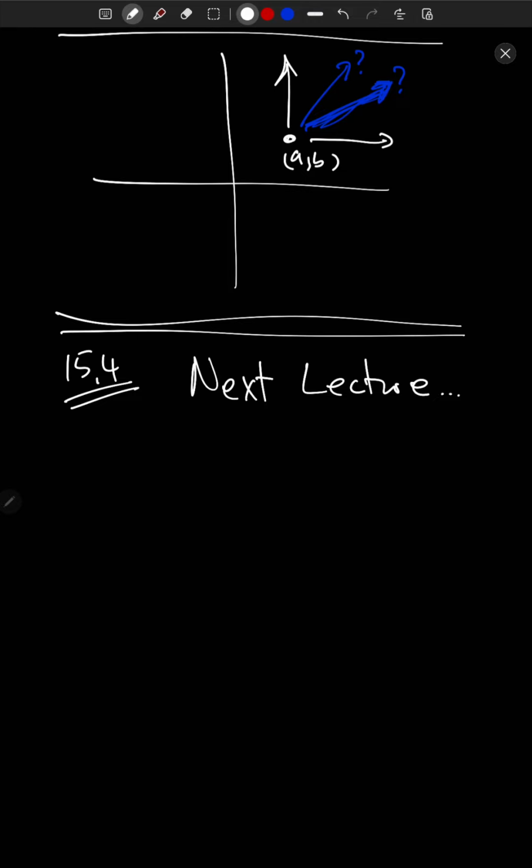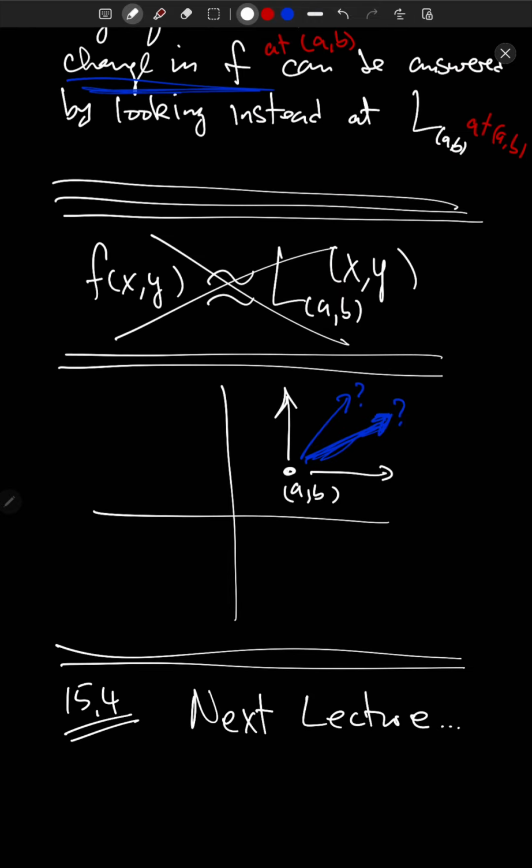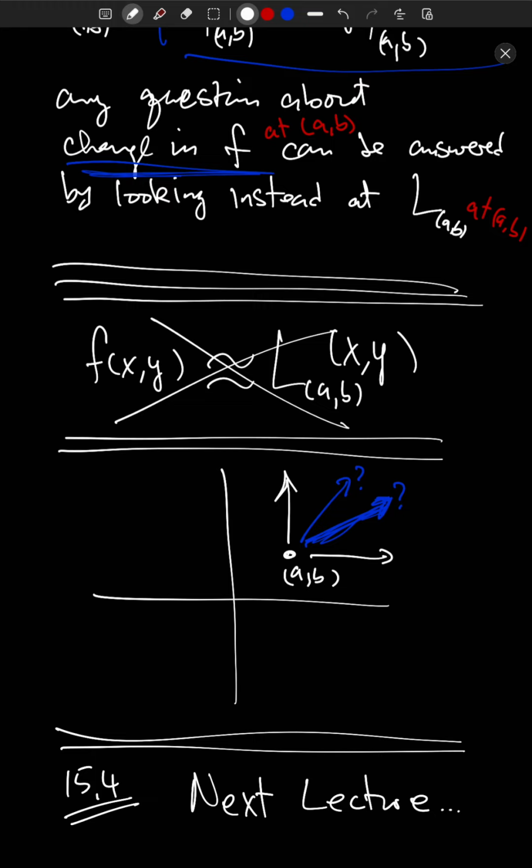The cliffhanger here is: the change in f is roughly the change in L. How do we use that to figure out the change in different directions? That will lead us to the chain rule, to directional derivatives, and ultimately the gradient, which is 15.5.